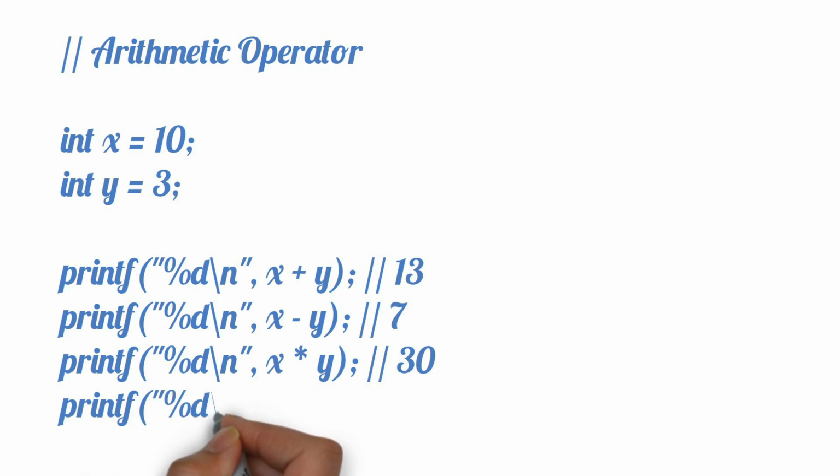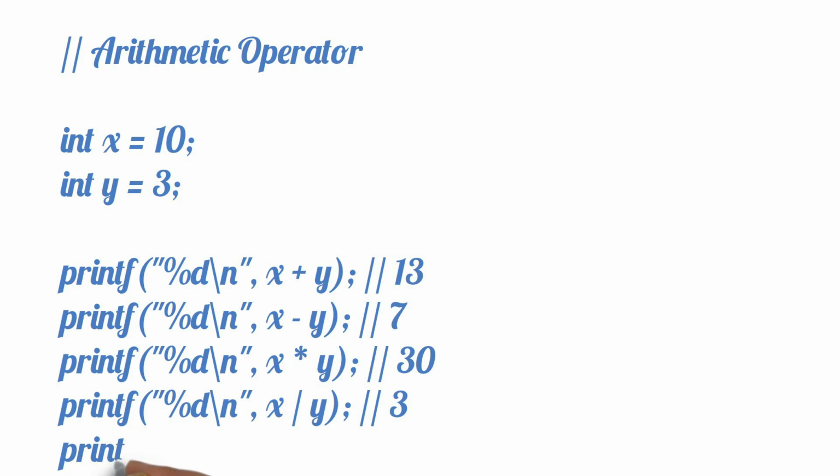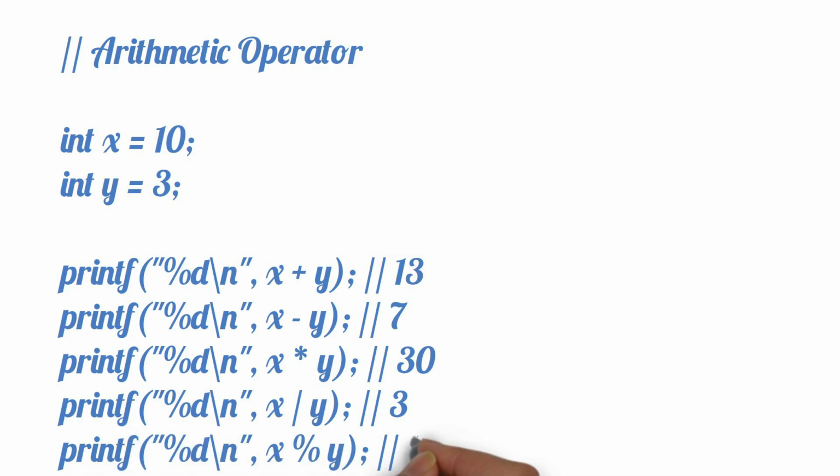So, we will use %d over here and comma x plus y. Likewise, for x minus y, we'll print multiplication, that is x into y, we'll print x divided by y, and we'll print x modulus of y. Now, if we run this code, this will be the output.